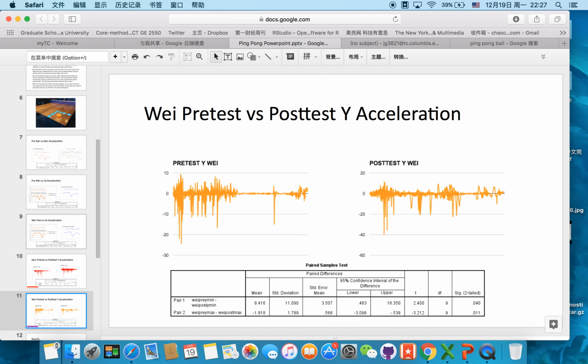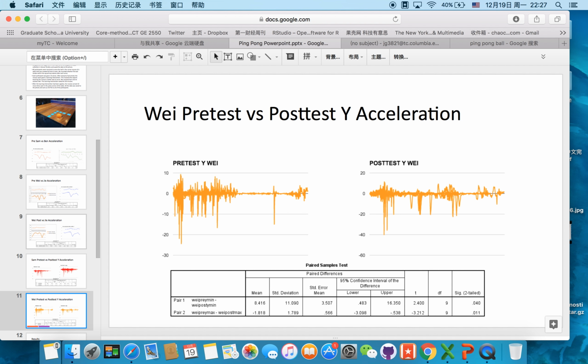So, comparing the pre-test and post-test results, the t-test shows that the p-value of the comparison between the pre-test minimum and the post-test minimum is 0.04. Since it's under 0.05, we can say the difference is significant. And the p-value of the comparison between the pre-test maximum and the post-test maximum is 0.11.